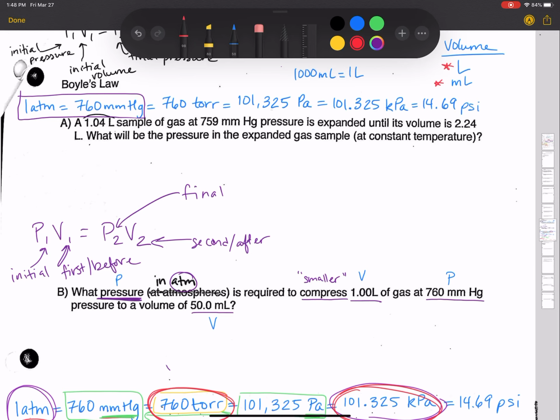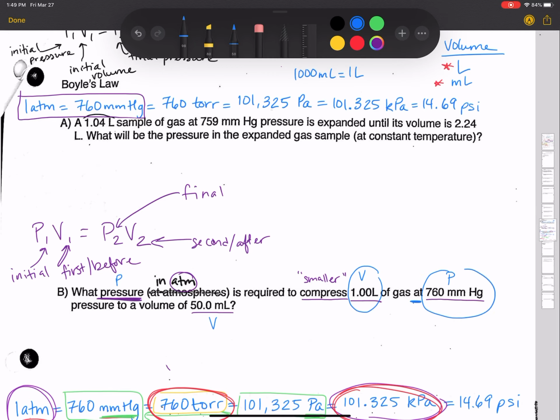So let's go back to our question and figure out who's what unit. Is the P the P1 or is it P2? Now you have to go back and reread the question. What pressure in ATM is required to compress? So what pressure do I need to make this volume of gas at this pressure, right? Look at your context cues.